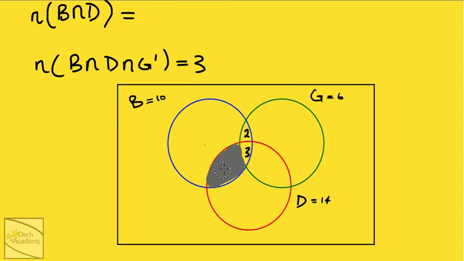As you know, B intersect D is this whole region here. But because we're looking at the intersection of B intersect D and everything outside G, it's only going to be that region. So we're told that there are only 3 members here.